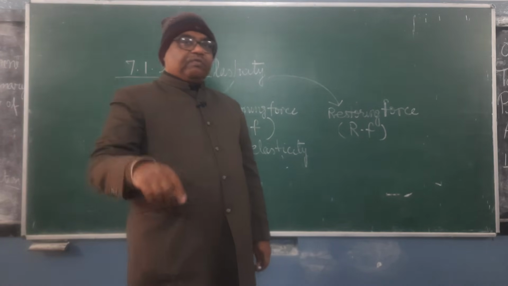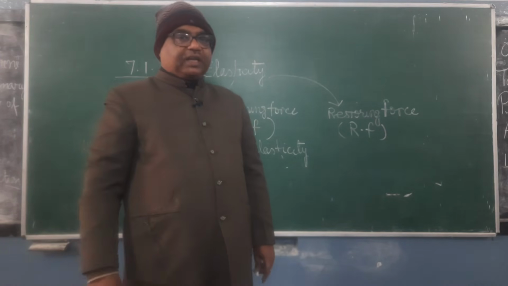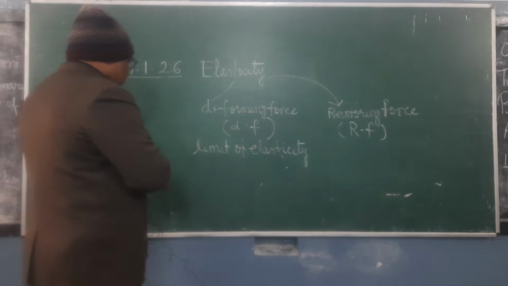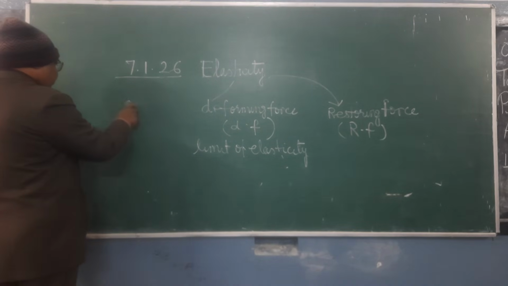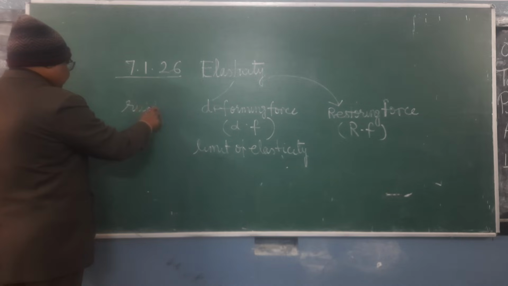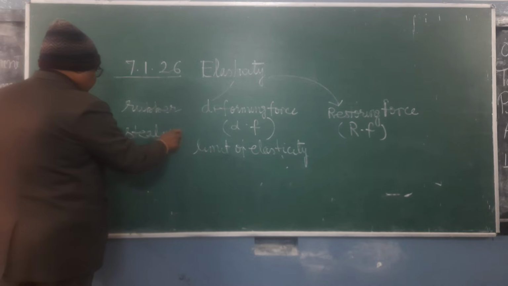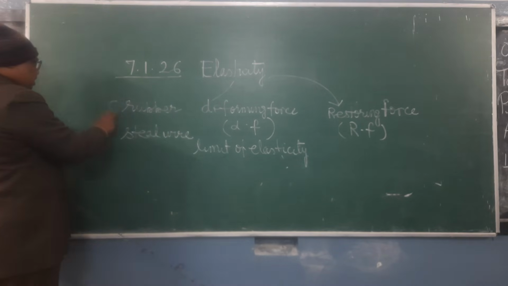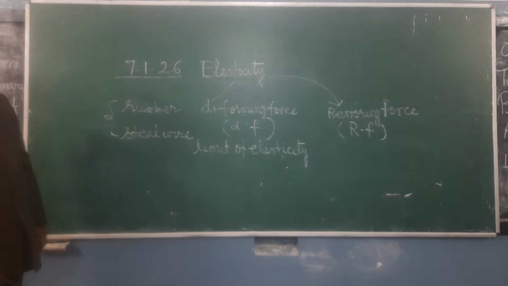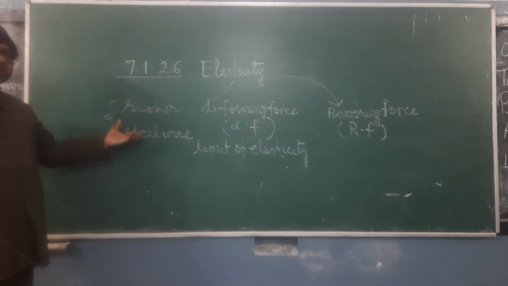And it depends on the material. For example, if you take two wires, one of rubber and the other of steel, which can bear a deforming force of greater magnitude? Obviously it is steel. It can bear a deforming force of greater magnitude.